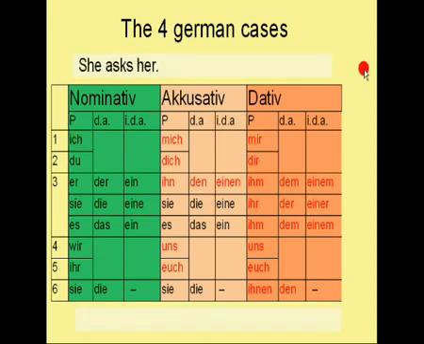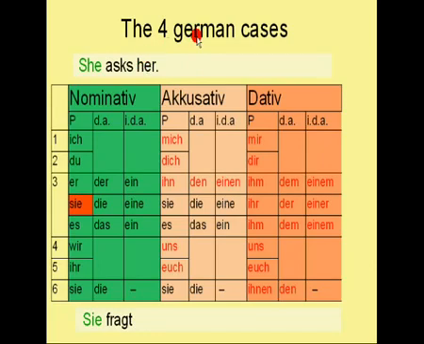Let's take another example. For instance, she asks her. She is the subject of the sentence, and it's the third person singular, and in German it's sie, which stands for she, and the verb is conjugated according to the subject. So if you remember from my previous lesson, to ask means fragen in German, and it's a regular verb, and it's conjugated like that. Well, the question now is, what kind of object is the pronoun her?